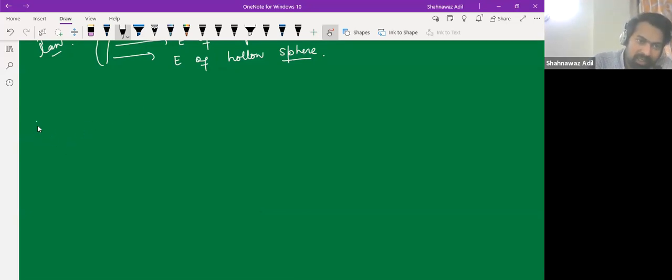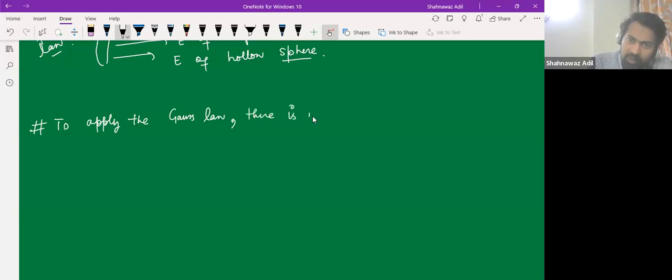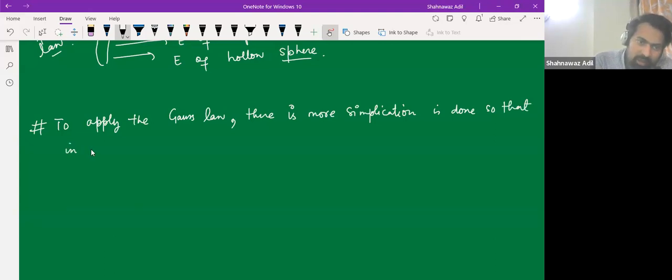So to apply the Gauss law, more simplification is done so that the integral becomes simple, right. And how do we do that?